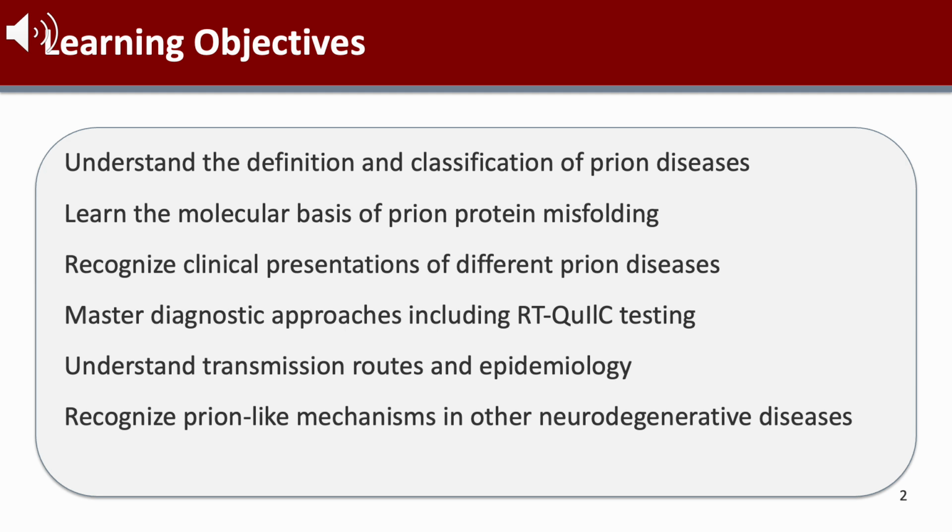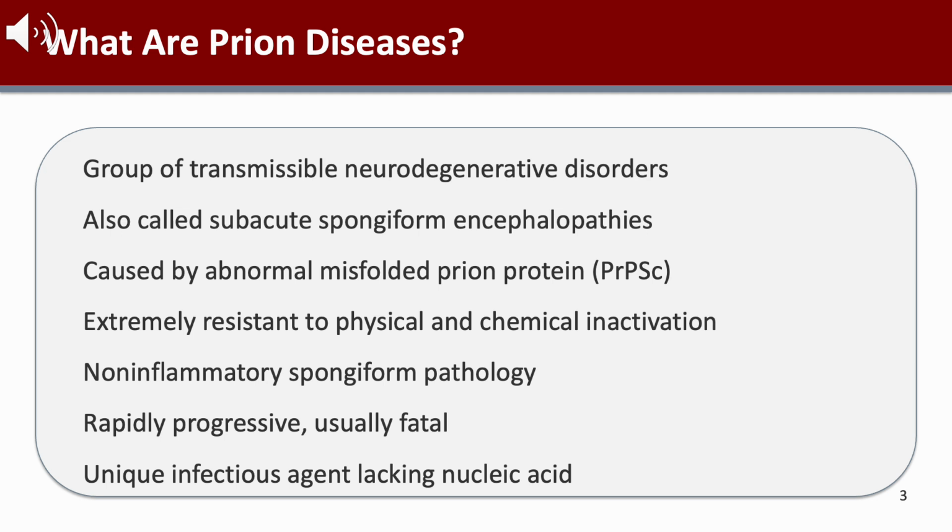We will discuss the various clinical presentations from Creutzfeldt-Jakob disease to fatal familial insomnia and how to diagnose these conditions using modern molecular techniques. Finally, we will explore the emerging concept of prion-like diseases in conditions such as Alzheimer's disease and Parkinson's disease.